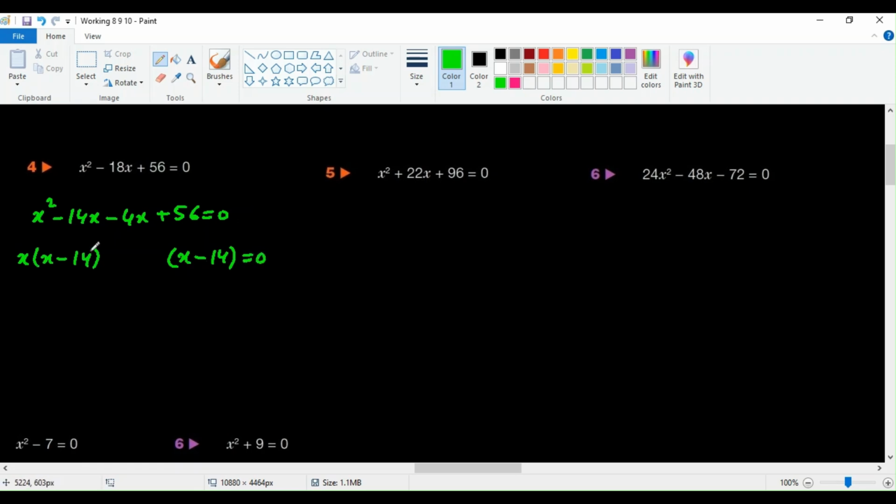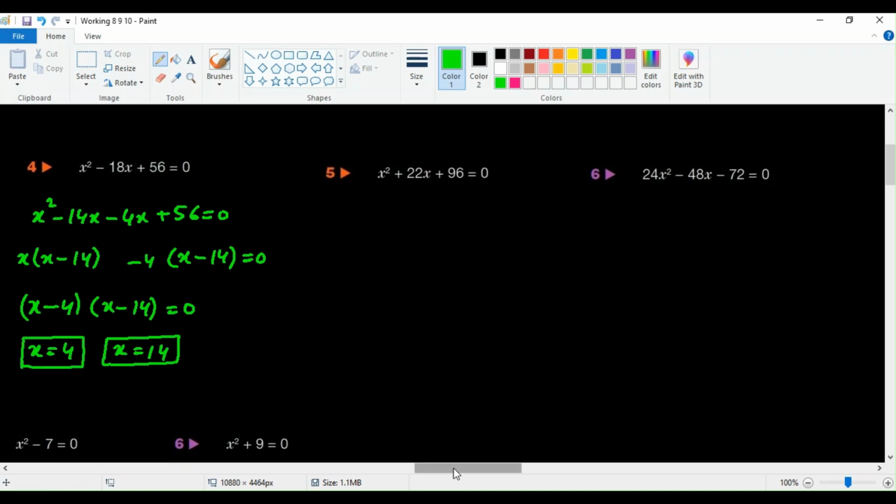Looking at the third term, it's minus 4x, so you just need to write minus 4. So x minus 4 comes in one bracket, and x minus 14 comes in another bracket, equals 0. So the final value is going to be x plus 4 and x plus 14. These are the two values of x.